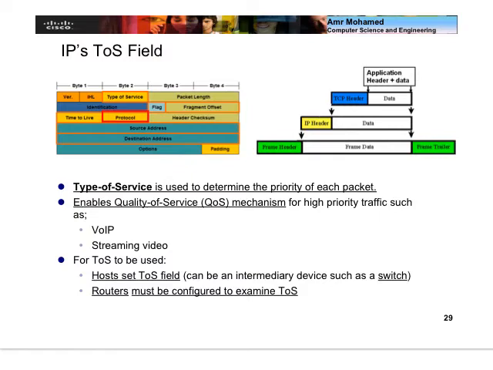So the router in the middle of the communication will read that field and will try to give some priority for that type of data based on the value of this field. So for example, if it's a video, then it knows that it has to deliver it right away. It delivers it very fast. And if it cannot, drop it. Because this is video. This is the best behavior for video.